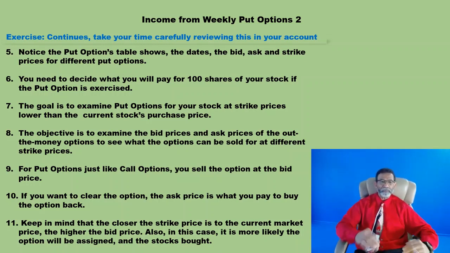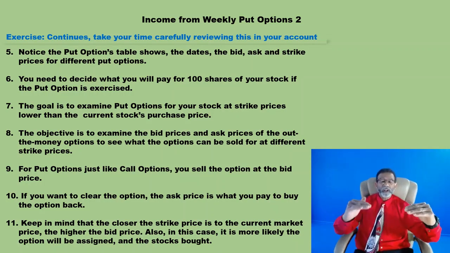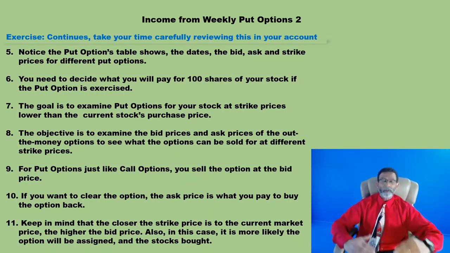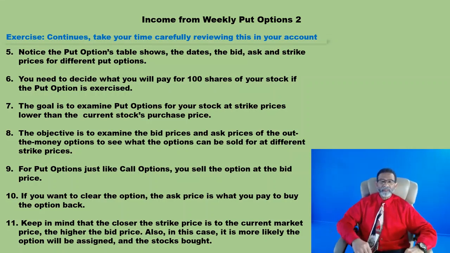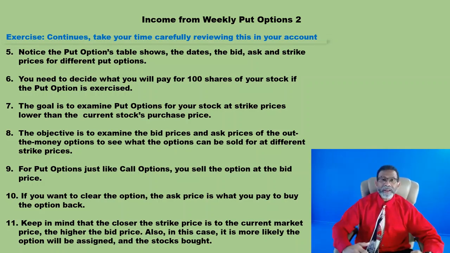Is that a good bid price for you? And out of the money, the strike price for the put option is going to be lower than the current value of the stock. So if the current value of the stock, for example, was $10, an out of the money strike price would be maybe a $9 put option.